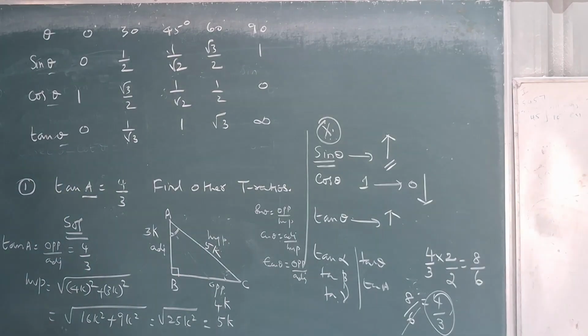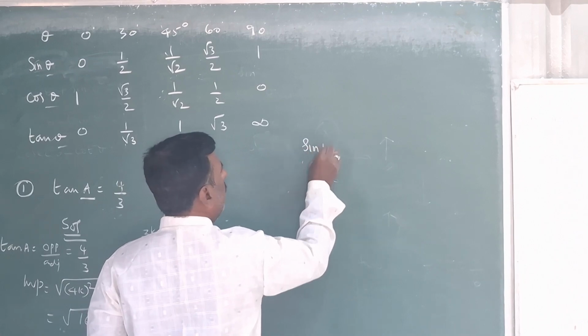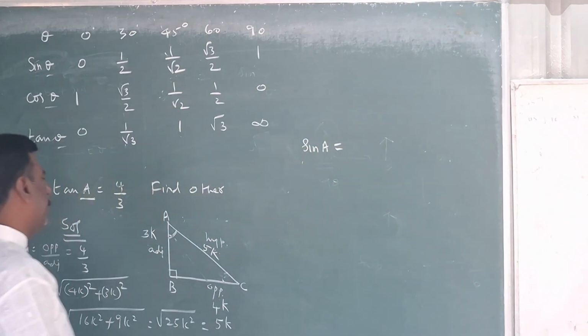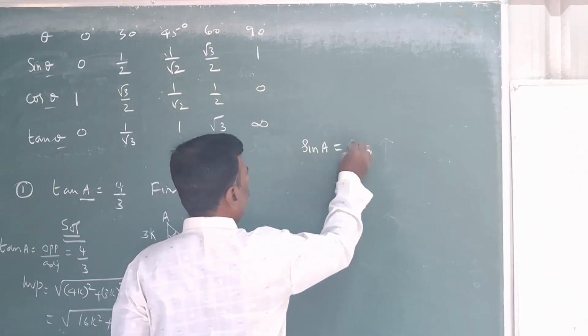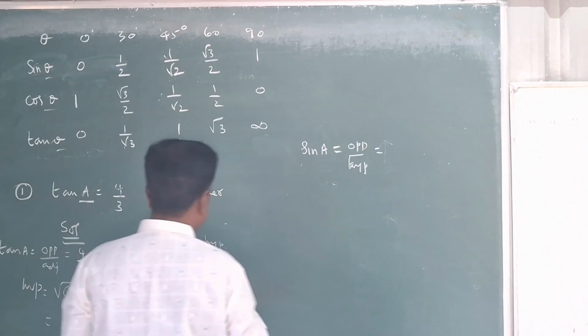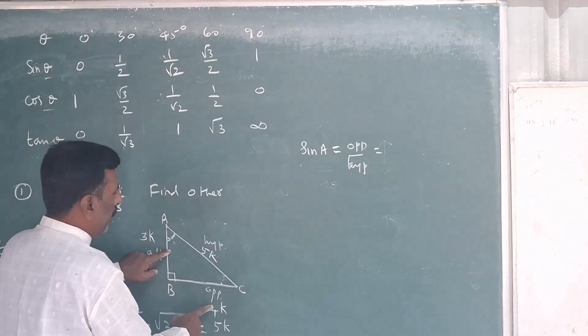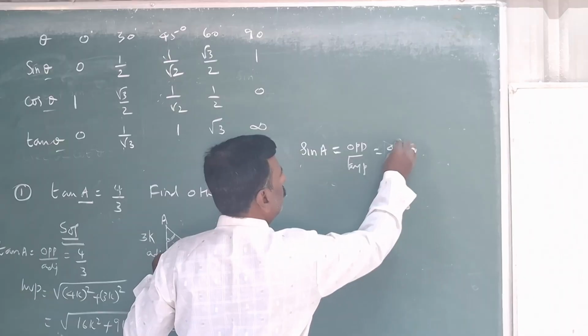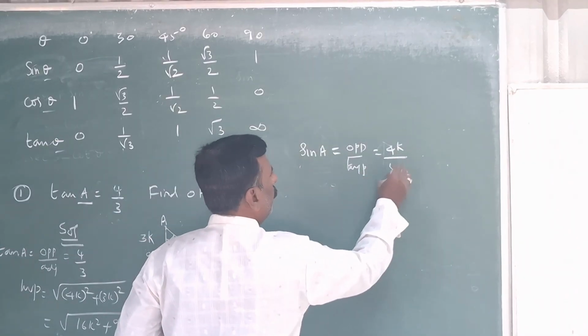Now I am going to find the other ratios. First of all, sin A. Don't put theta because here the angle is A. Sin A is opposite side by hypotenuse. Opposite side is 4K, hypotenuse 5K.